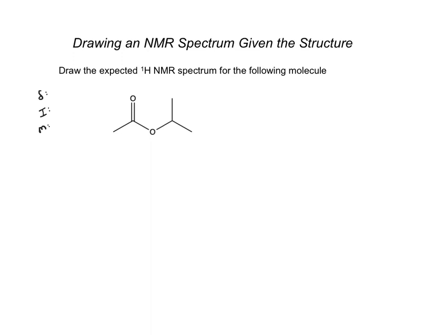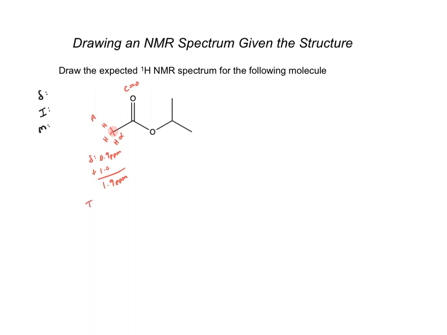All right, so we're going to start out here. On the end, we've got these methyl protons. They are right now alpha to a carbonyl group, right? So remember, alpha to carbonyl, we're going to add 1 part per million. We'll call these A. For chemical shift, it's a methyl, so 0.9, but again, it is alpha to a carbonyl group, so we end up with 1.9 parts per million.